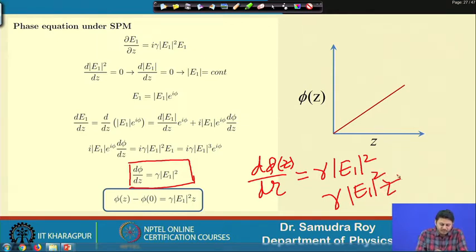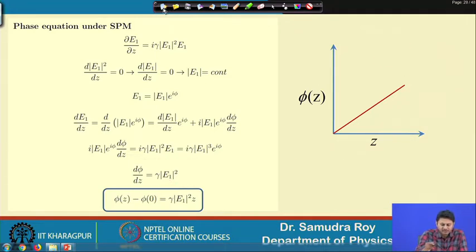We can put a phi 0 as a reference phase at z equal to 0, but if I say this is equal to 0, then phi of z is simply a function of z and will change linearly as shown here in this figure. So, we have expressions for E and phi both, and we find that for self phase modulation the amplitude is not changing, but the phase is changing, and the change of phase is linear in nature.